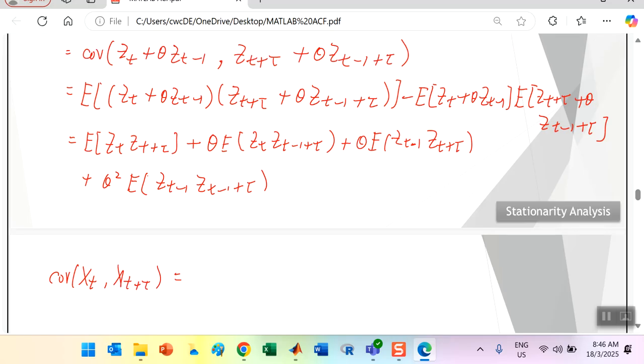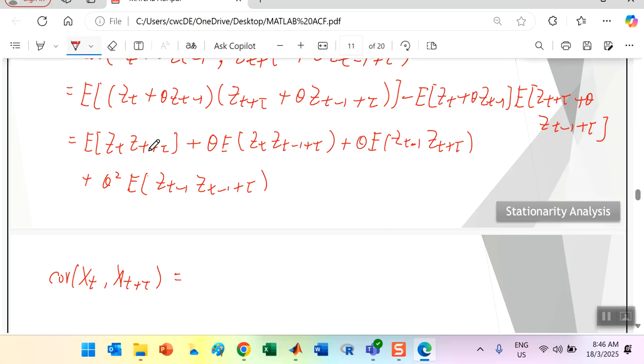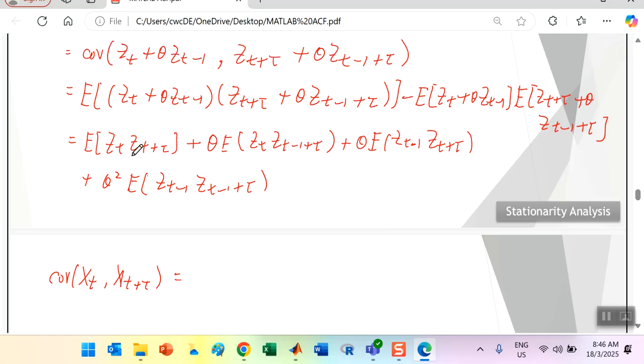Okay, so for the first case, when tau is 0, then you have E of ZT squared. If tau is not 0, then because ZT is white noise, the covariance between any ZS and ZR will be equivalent to 0 if R and S are not the same, because they are independent.